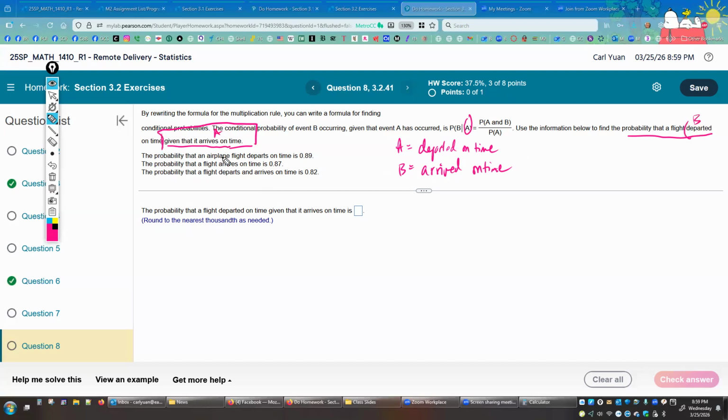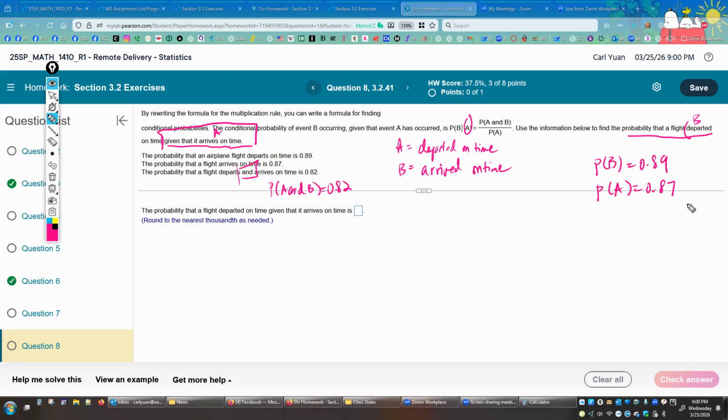Let's see what they want. The probability that an airplane flight departs on time is 0.89, so the probability of B is 0.89. The probability that a flight arrives on time is 0.87, so P of A is 0.87. The probability that a flight departs and arrives, P of A and B, is 0.82.